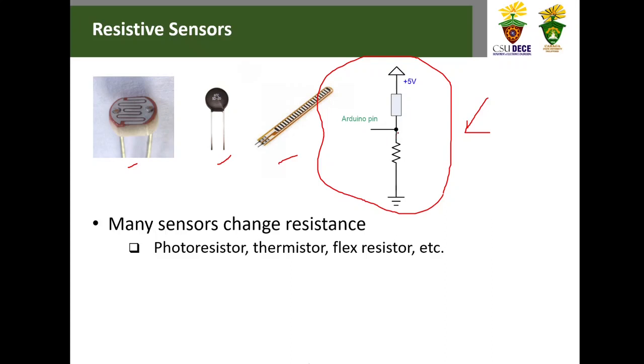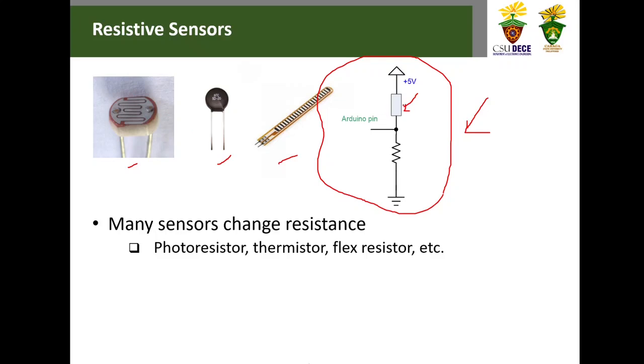Kindly review your electrical circuit 1 or 2, the basic electrical circuit theory subject. So instead of a typical resistance that we put here, this rectangle block, we could replace that by this resistive sensor.